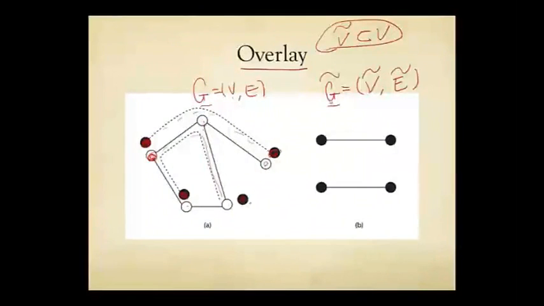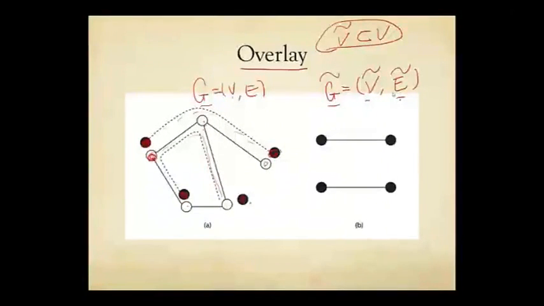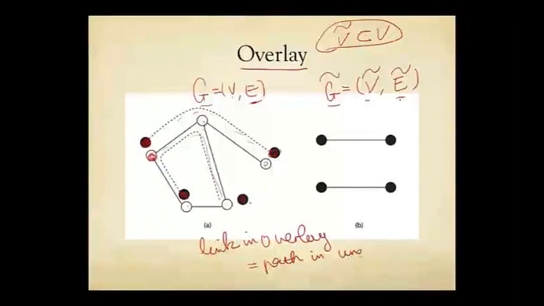They are hidden from the viewpoint of the overlay network. Furthermore, each link, each element in this set E2D in the overlay network, is really a path formed by concatenating different links in the underlay graph. So a link in the overlay is really a path in the underlay.